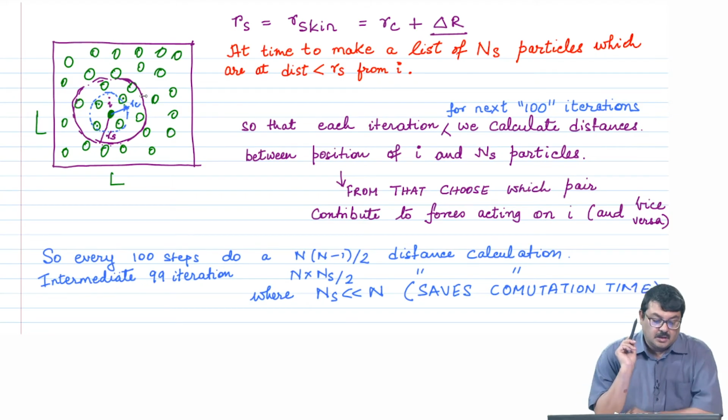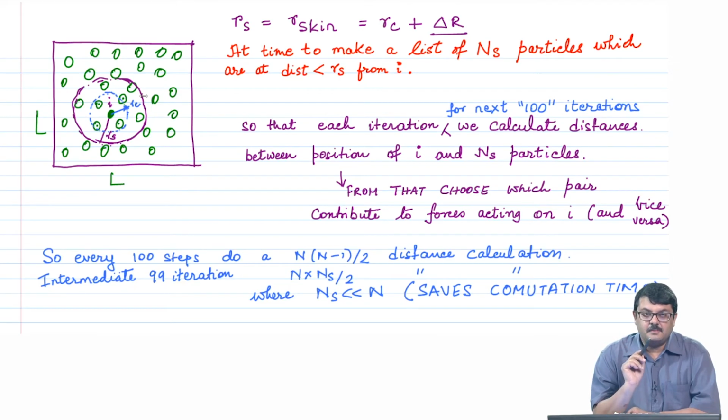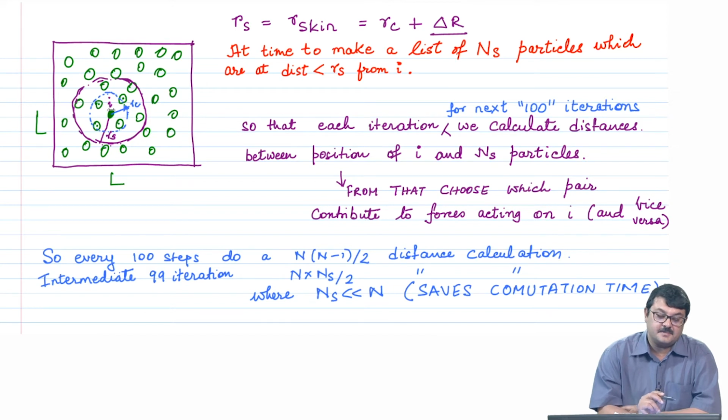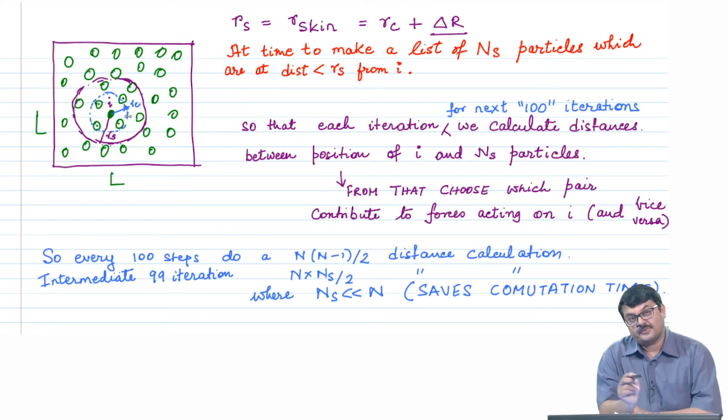So, you have a neighbor list at time t equal to 0. After time t 0 plus 500 iterations, you are going to make another neighbor list, again calculating which particles are within the distance r s from particle I, but now particle I is in a new position, and of course, all the other particles have also moved around.